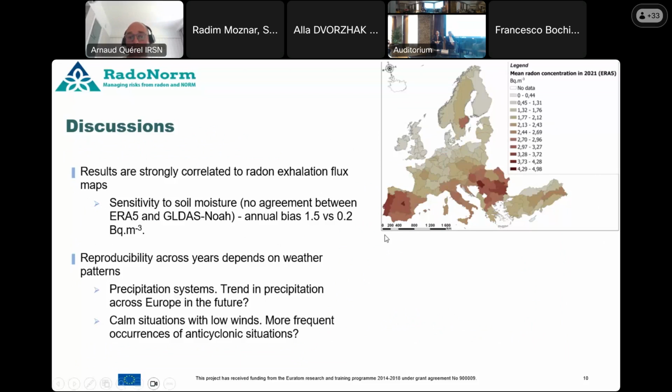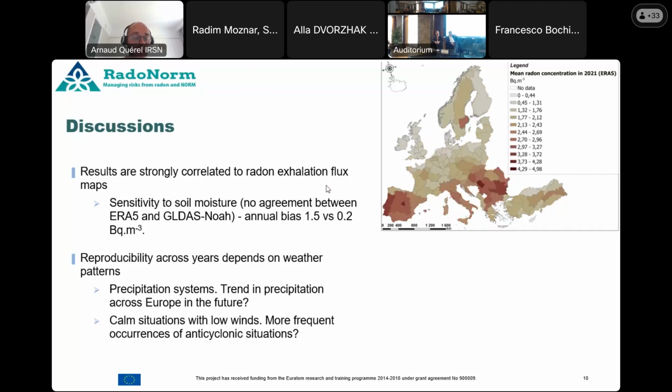And so we tend to prefer the ECMWF soil moisture to compute the radon exhalation flux map. But as you can see here, changing the soil moisture data leads to quite different maps of outdoor radon.